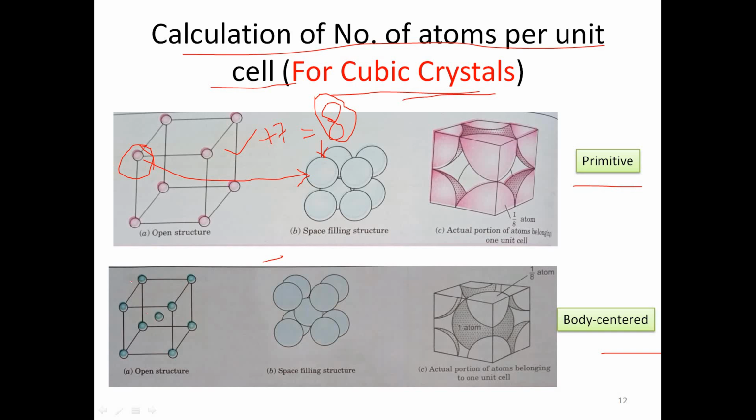Similarly, in the body-centered case, the constituent particles at the corners are shared by a total of 8 unit cells, while the body-centered particle is present only in one unit cell completely.